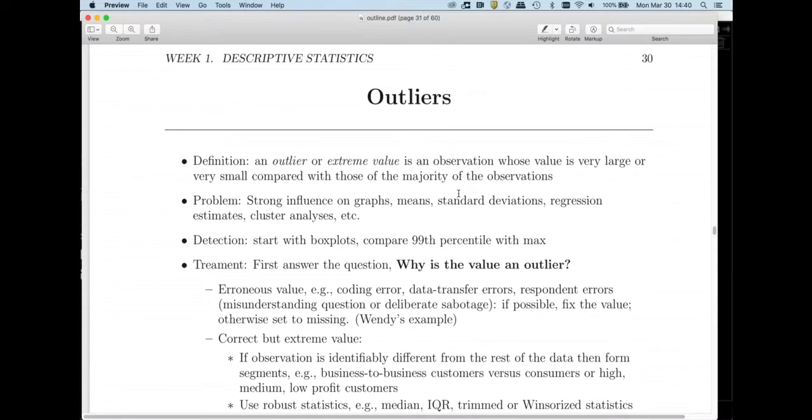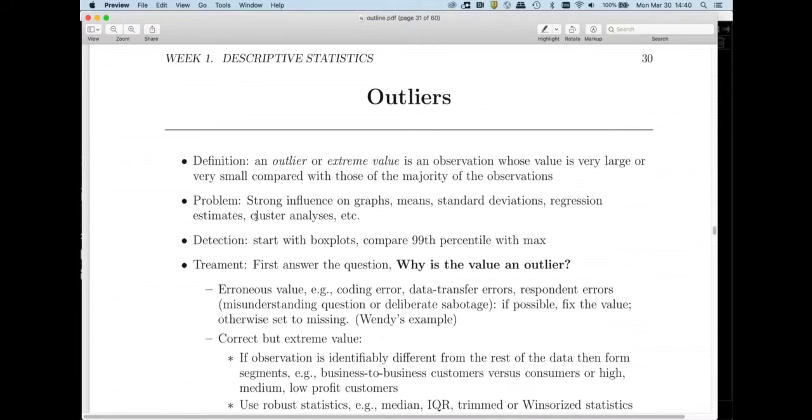We'll be talking about regression estimates a little later on in this class and see that a single observation can really distort the slope or the intercept when we try to estimate a regression line. We're not going to talk about cluster analysis in this class, but cluster analysis and other machine learning methods can also be dominated by an outlier. That's why we care about outliers.